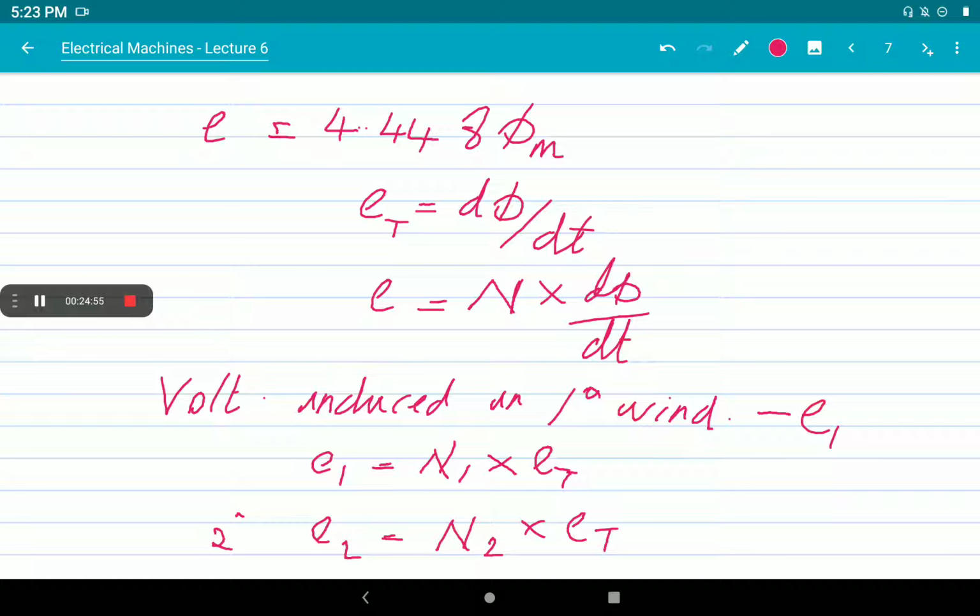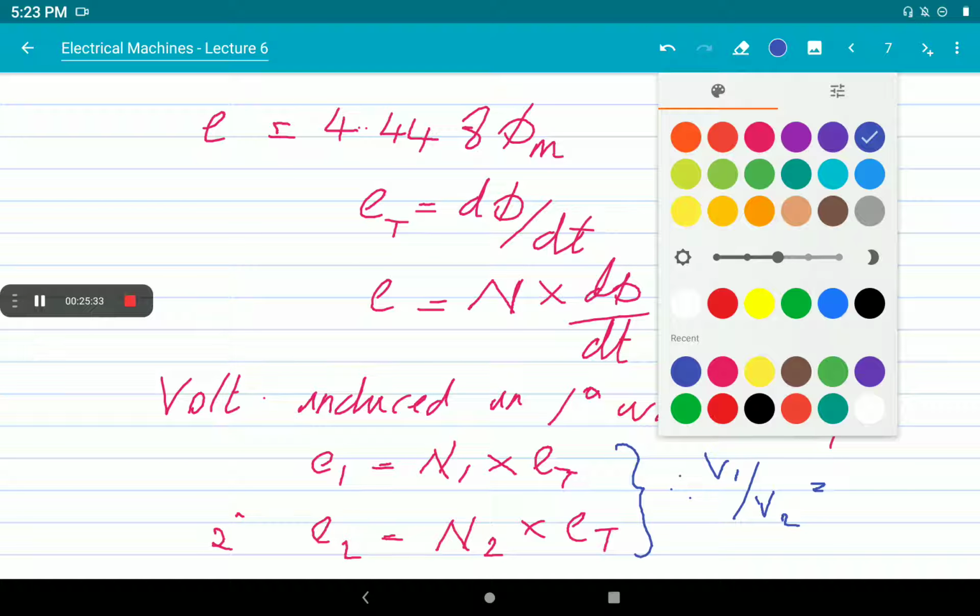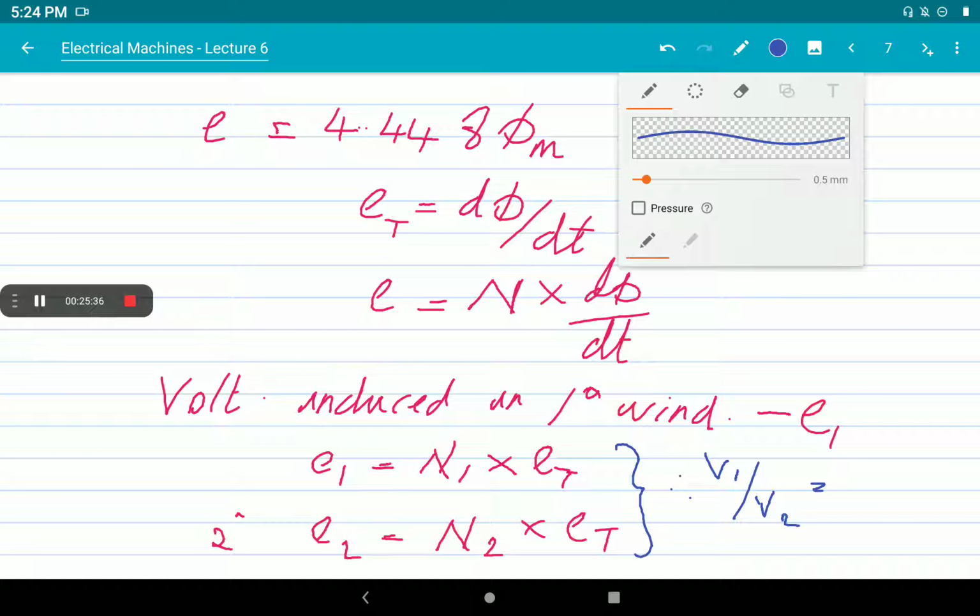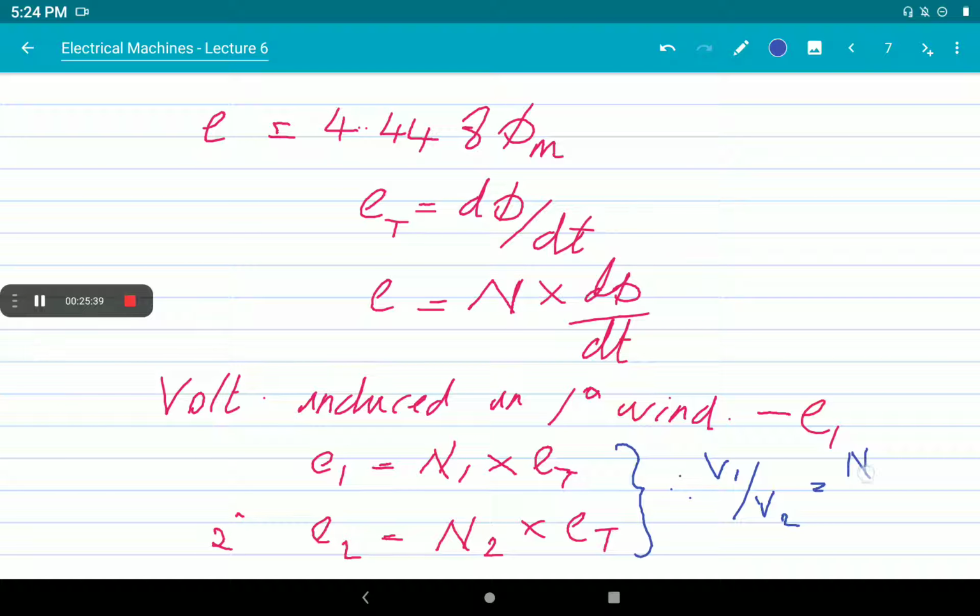From these equations, we can write V1 by V2 is equal to E1 by E2 if there is no load, and also V1 by V2 is equal to the ratio of number of turns, N1 by N2.